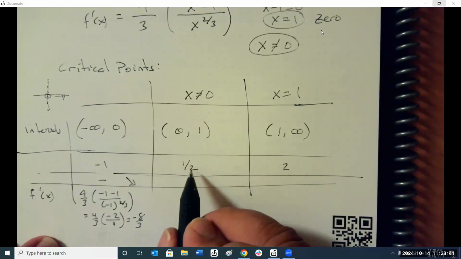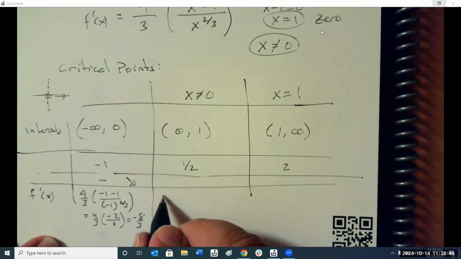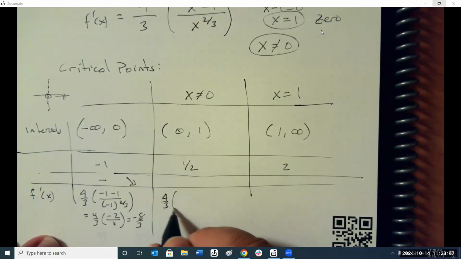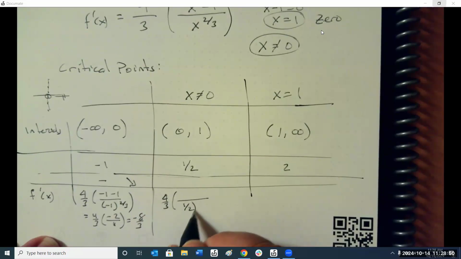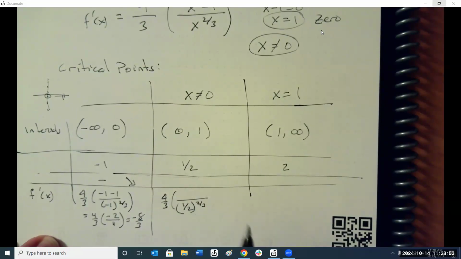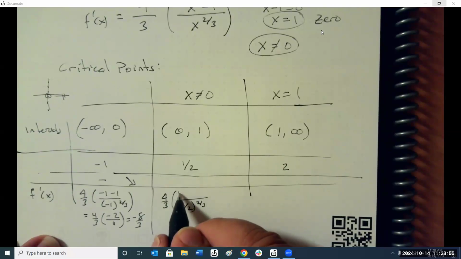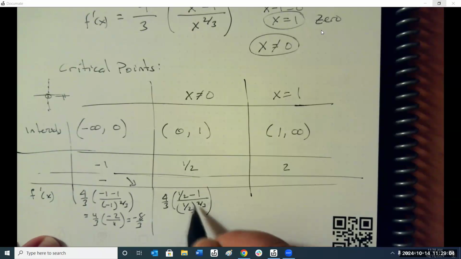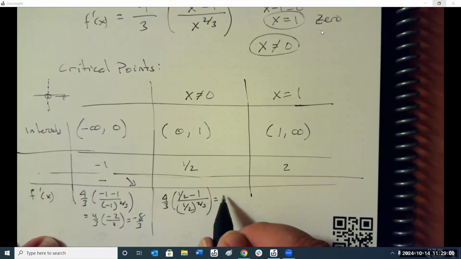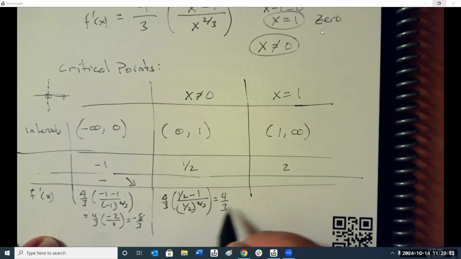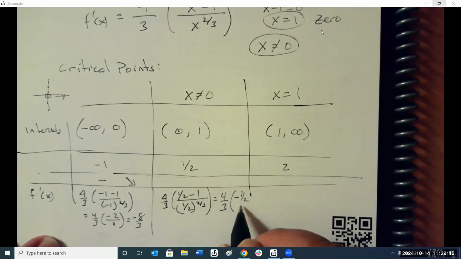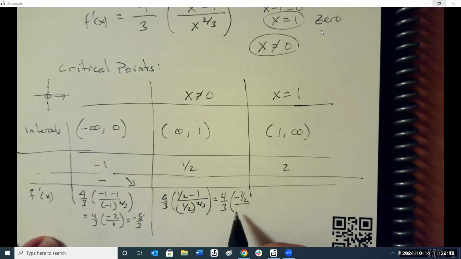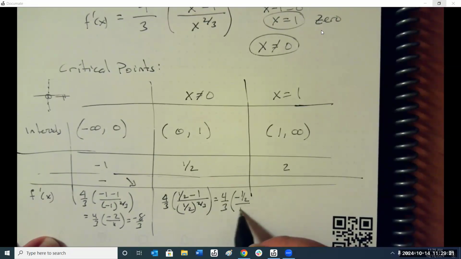At 1/2, we have 4/3 times (1/2 minus 1) over (1/2) to the power 2/3. The bottom is going to be positive because if you square it, you get 1/4, and that's going to be positive. On the top, we have 1/2 minus 1, which is -1/2, over the positive number.